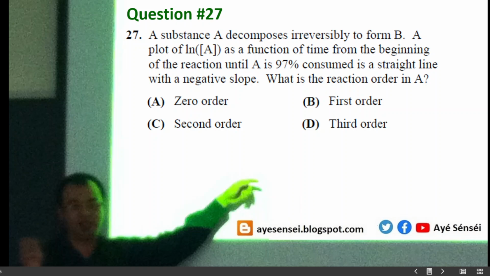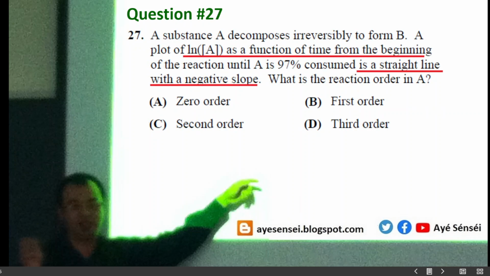First we need to identify the keywords. These are the keywords: straight line with a negative slope, and the linear function is ln A, where A is the concentration, against a function of time.